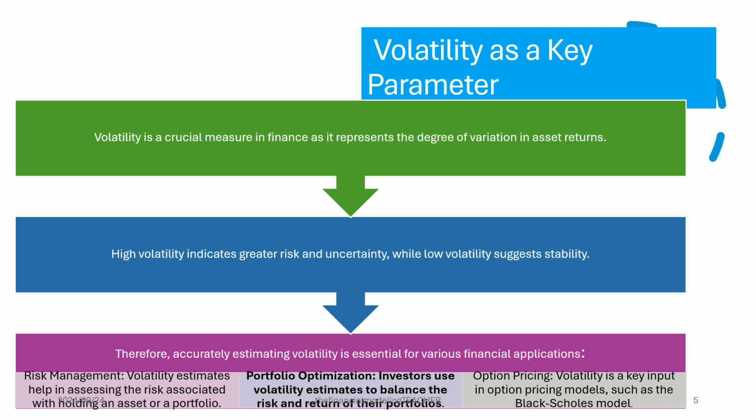So it is very important that we estimate volatility accurately, so that we are able to use it in the financial applications, as per the previous slides where we said in risk management or in portfolio optimization or even in option pricing.